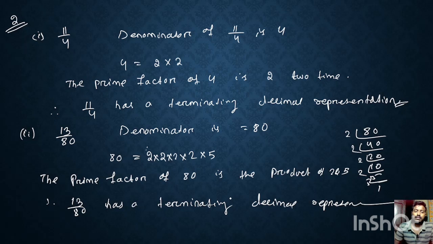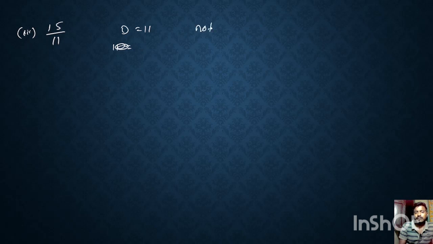Okay. Now next question, question number 3. So 15 divided by 11. Here the denominator is 11 and the prime factor of 11 is also 11. That's why it is not a terminating decimal representation. Okay. Clear? Similarly IV, so IV is 22 divided by 7. Here also the denominator is 7.